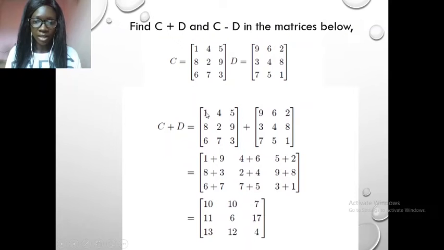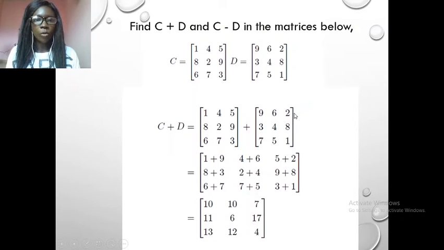Follow me just the way I'm saying it. Try to observe it and study it on your own and check if you have the same answer as mine. As usual, we have the same dimension, so we are going to add and subtract these matrices. We add each item in the first matrix to the corresponding item in the second matrix, and we expect a 3 by 3 matrix as our answer. Here we have 1 plus 9, 4 plus 6, 5 plus 2.